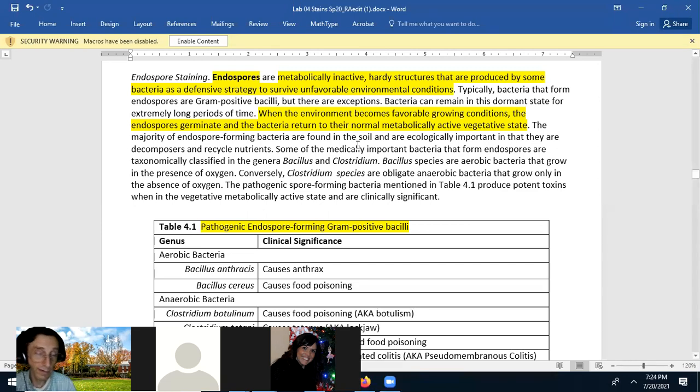And the endospore is just waiting for the environment to become favorable for growth. And then the endospore will germinate and the parent bacteria will come back, meaning we call that a vegetative cell, a cell which is actively growing, metabolically active, and reproductive.